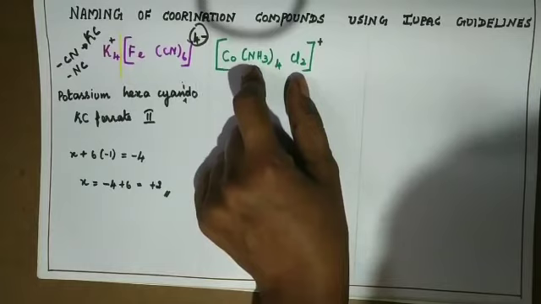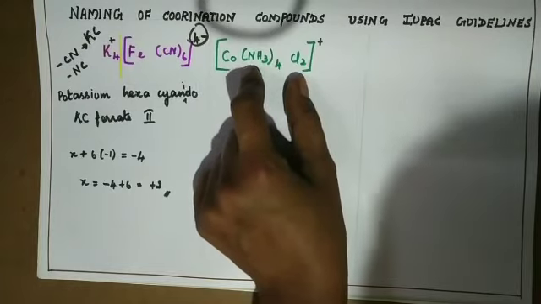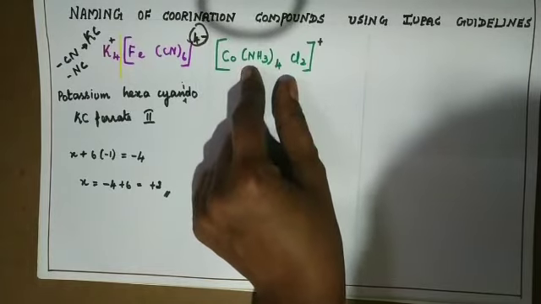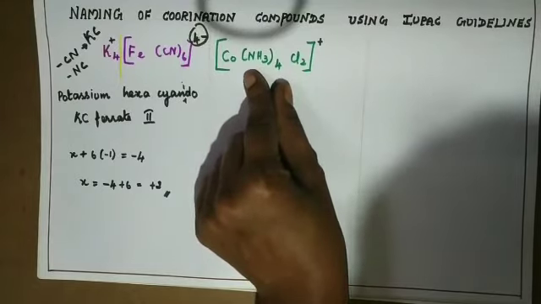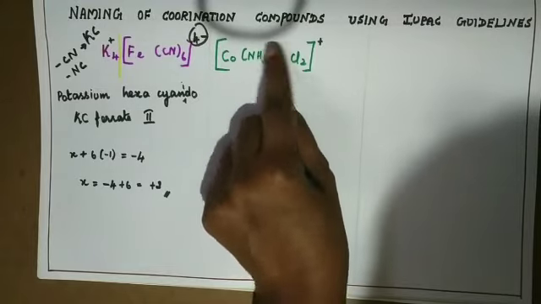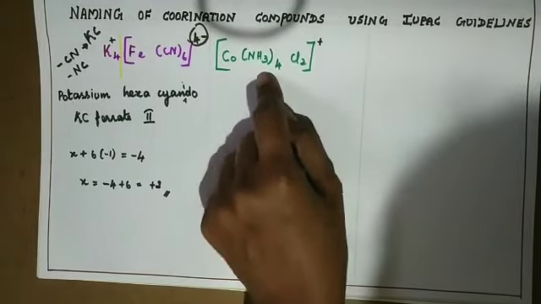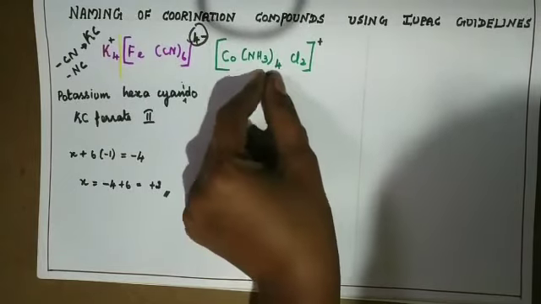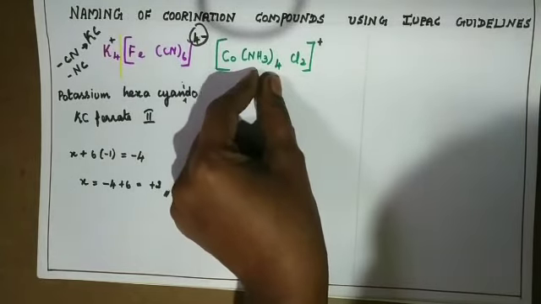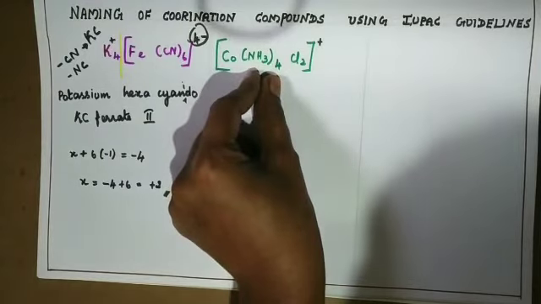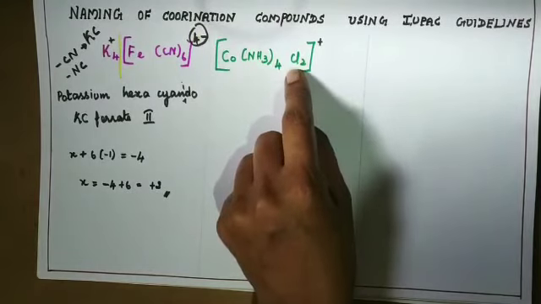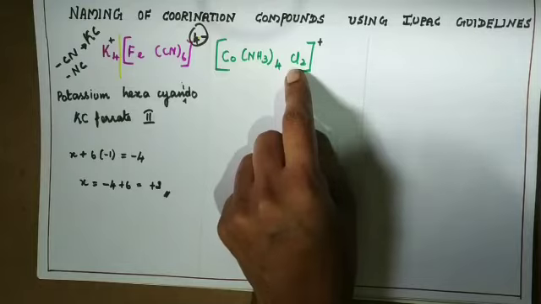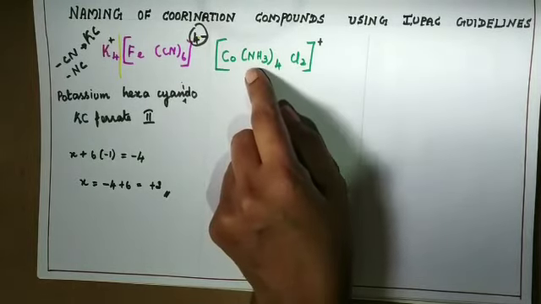Already we learned one rule: when different kinds of ligands are available, we use alphabetical order. NH3 is a neutral ligand with the specific name ammine, and Cl is chlorido. Which one comes first?